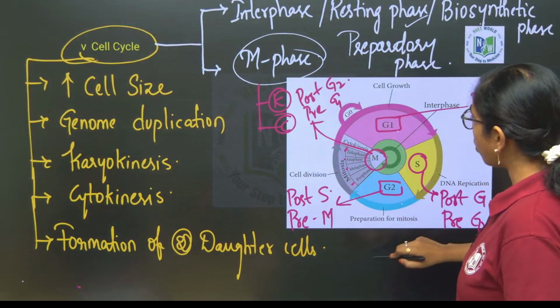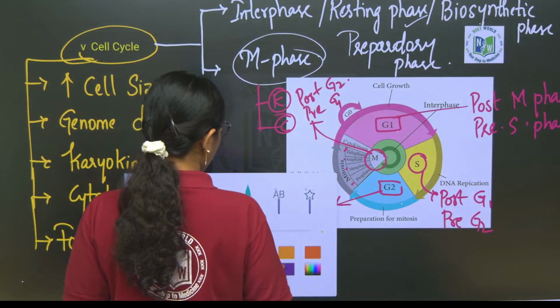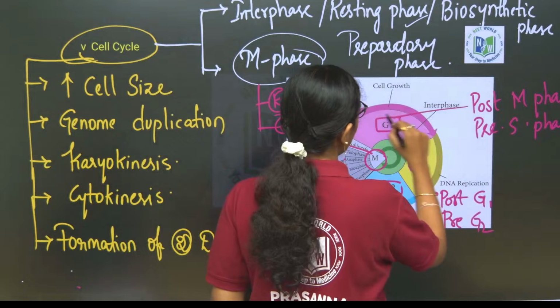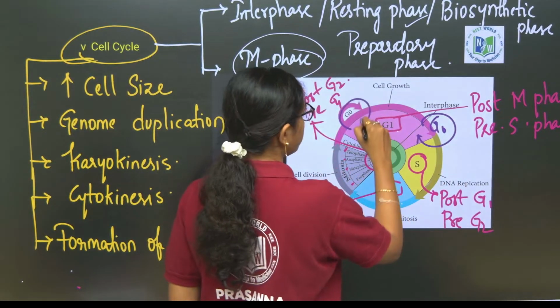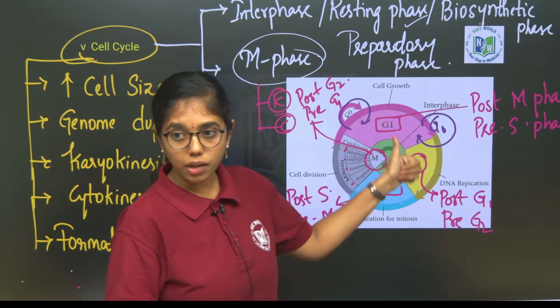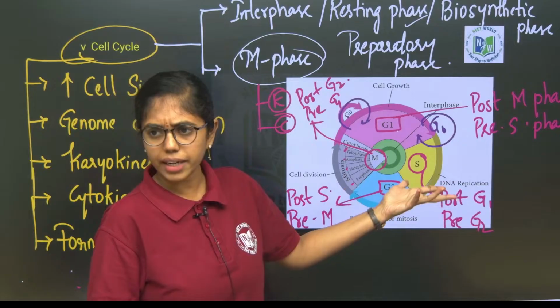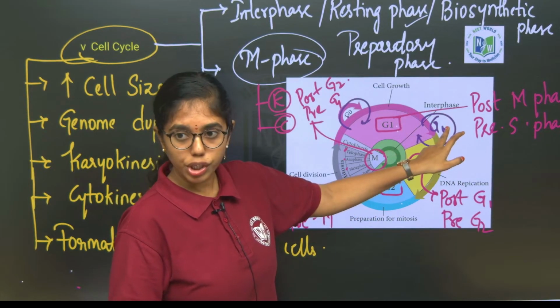So those cells, instead of G1 to S phase, they will move from G1 to G0 phase. So what are those cells, ma? Like nerve cells and heart cells, which rarely divide. From G1 phase, they will move to G0 phase.